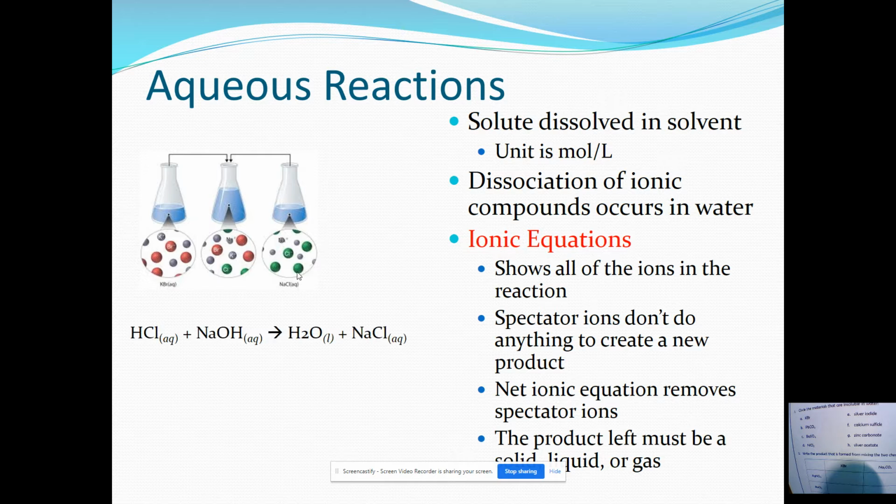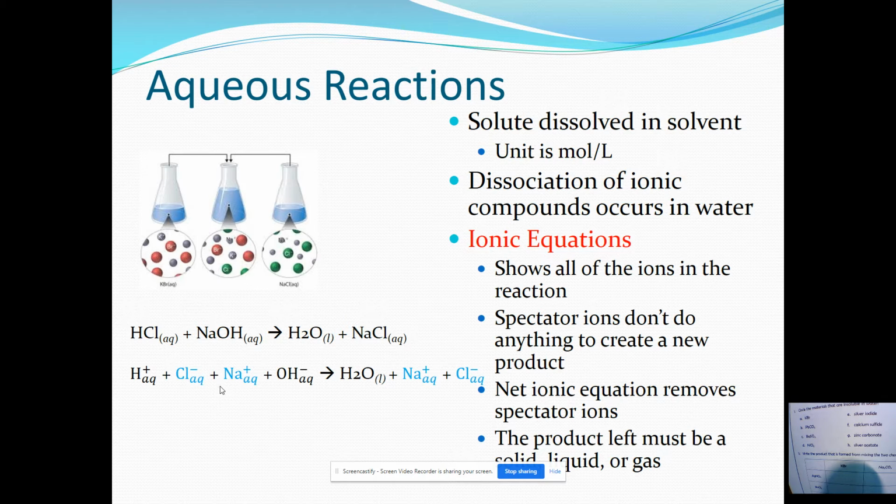Here's my balanced chemical equation. I see I've got aq, meaning it's dissolved. So if I write the full ionic equation, I see all of my ions have split apart. The ones highlighted in blue are the spectator ions because they haven't changed in any way from the left side of the equation to the right side.